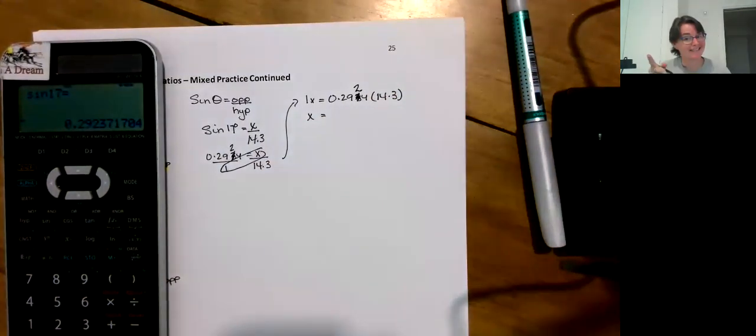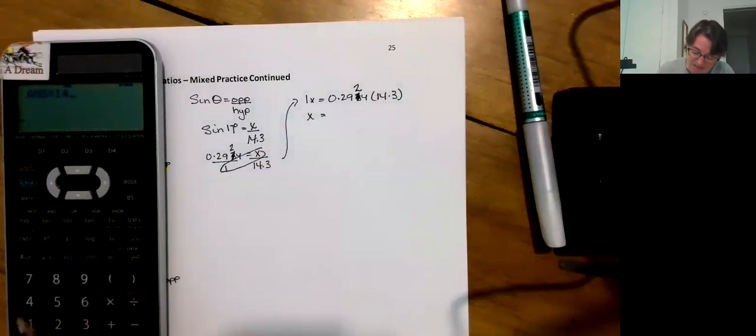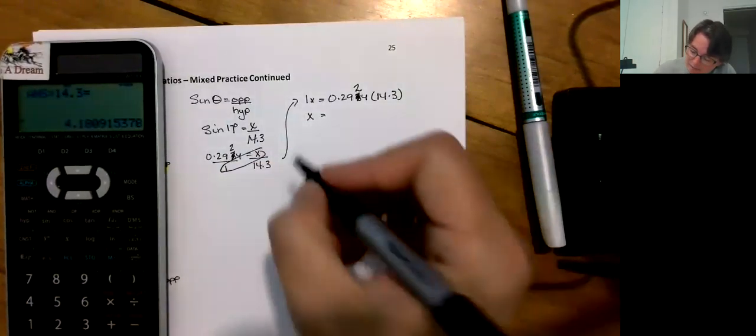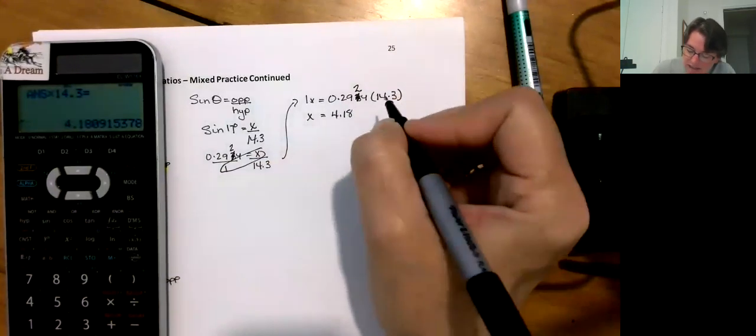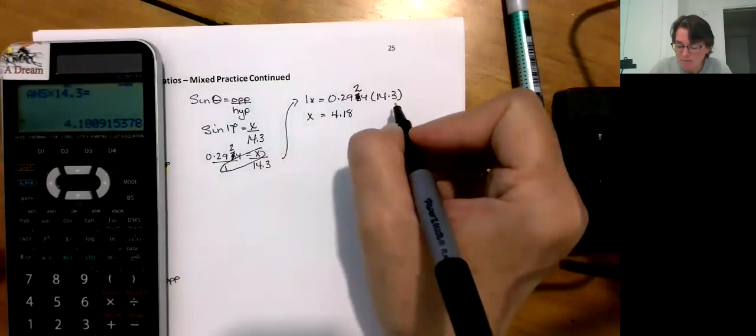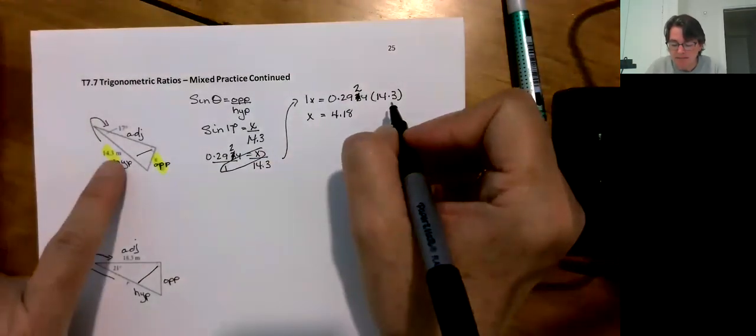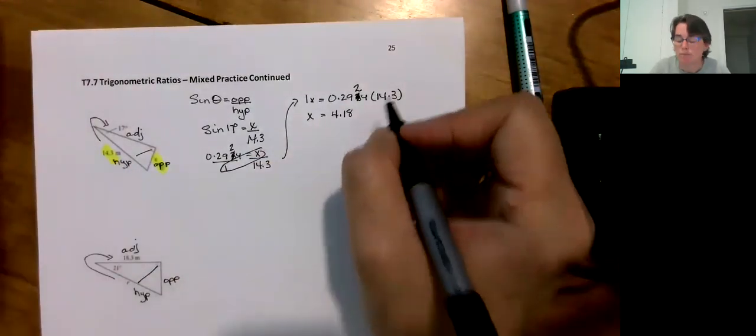But in the grand scheme of things, if I hadn't seen that and used the number on my calculator, my final answer still would have been fine. Boom. X is equal to 4.18. I can see that I had one decimal place, so double check my question. There's one decimal place on 14.3.